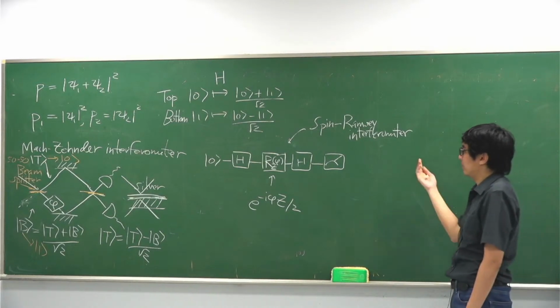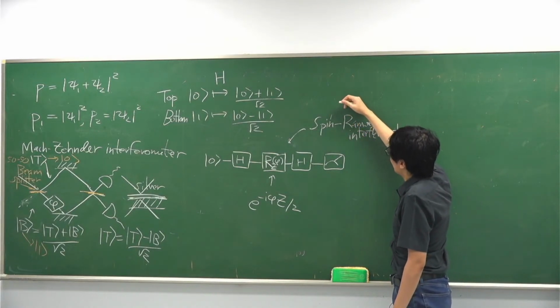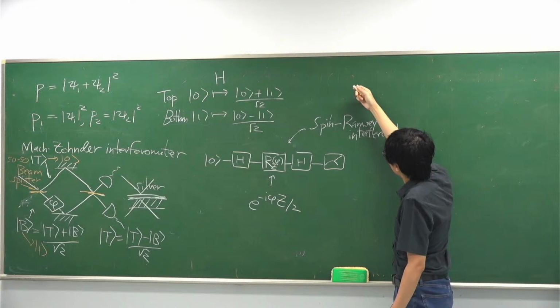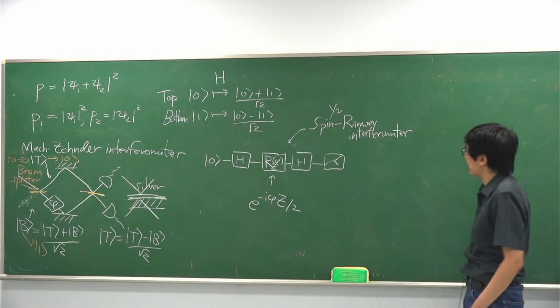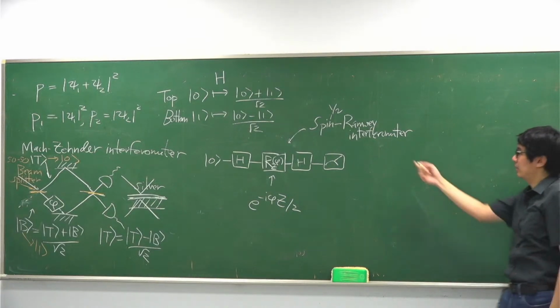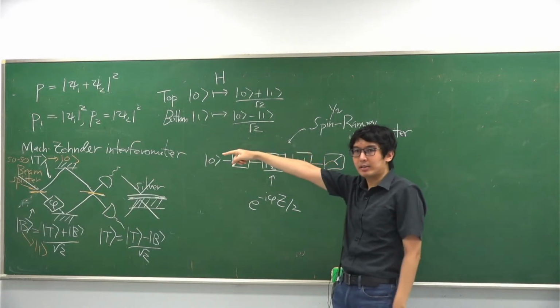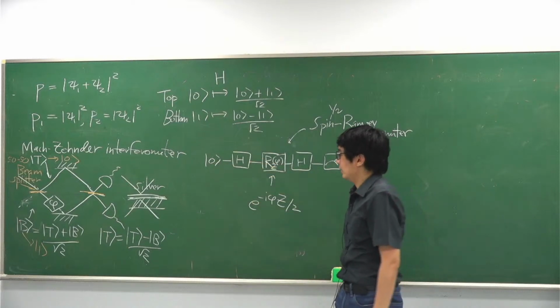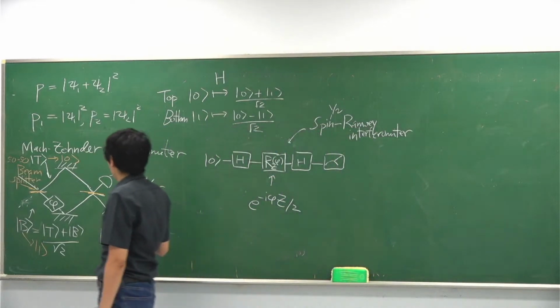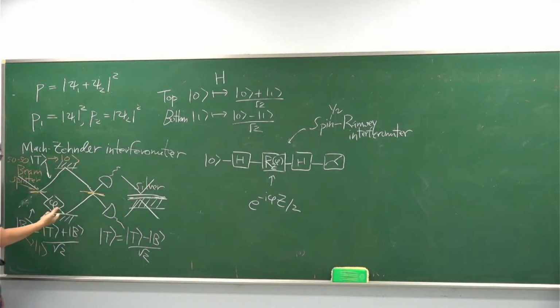And it's just for spin. Well, I don't know if it has to be 1/2, but for the sake of example, let's say it's spin 1/2. It is formally equivalent to the Mach-Zehnder interferometer, except that physically they're different, right? Because here you use light, there you use spin.